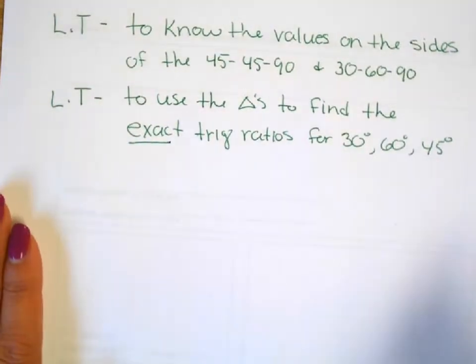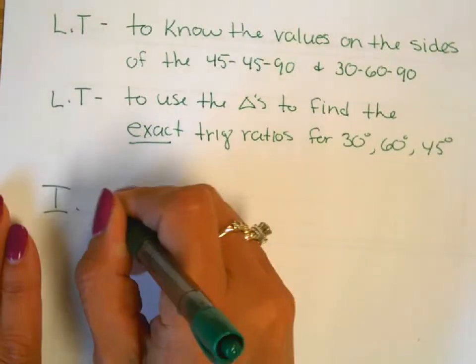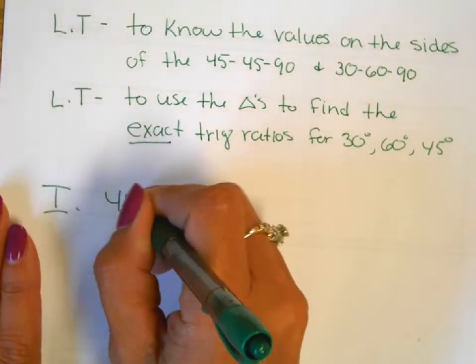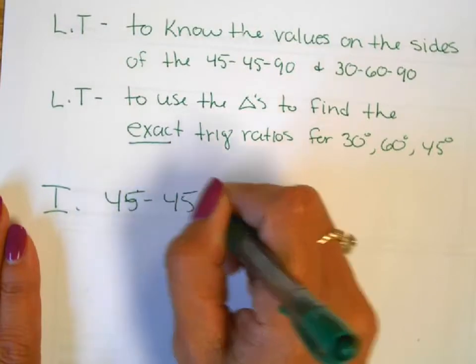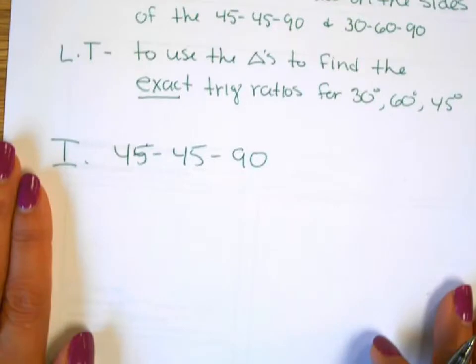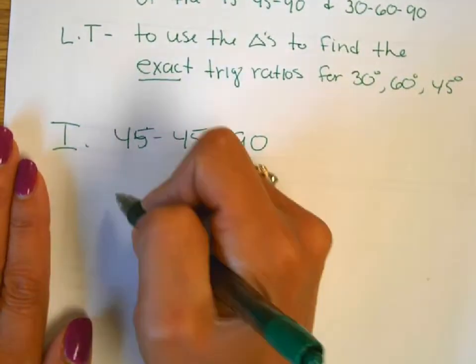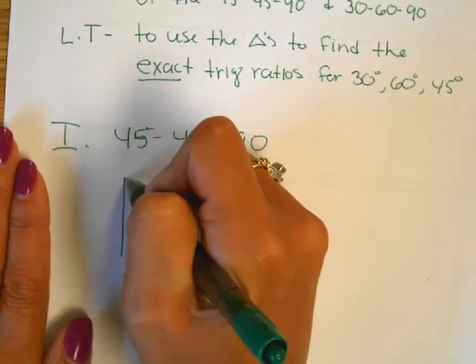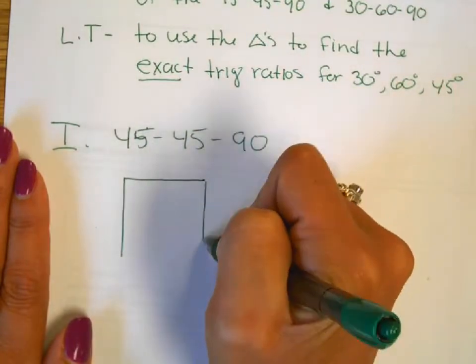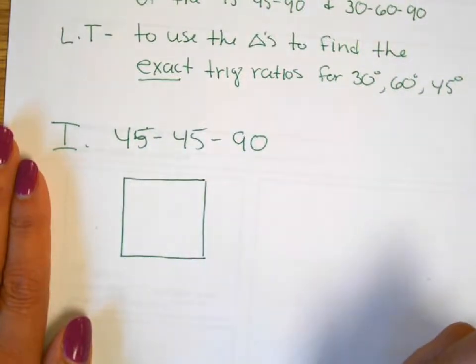We are going to do that too. It's coming. Trust me. All right, so let's review that very first special right triangle, the 45, 45, 90. Do you remember what shape we started with to create the 45, 45, 90? It was a square that we started with. What do we know about the sides on a square?